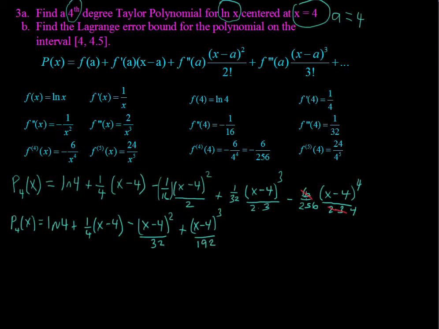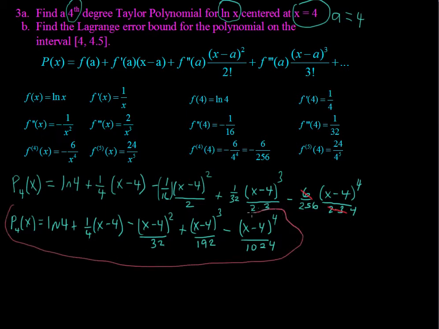And then I've already canceled that out, so now we just have 256 times 4, which is 1024. So minus x minus 4 to the 4th over 1024. All right, so we can circle that. That's our answer for part A.